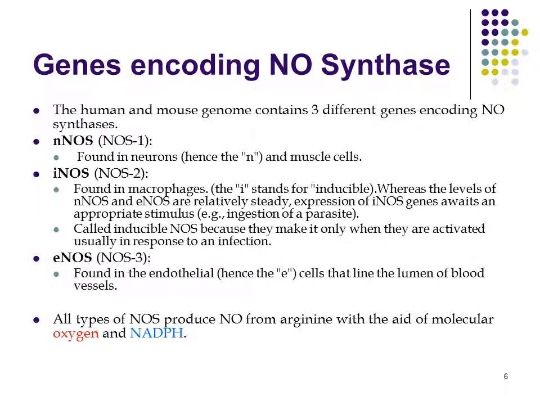Expression of iNOS genes awaits an appropriate stimulus, that is, ingestion of a parasite. It is called inducible NOS because they make it only when they are activated, usually in response to an infection. eNOS, NOS3, is found in the endothelial, hence the E, cells that line the lumen of blood vessels. All types of NOS produce nitric oxide from arginine with the aid of molecular oxygen and NADPH.